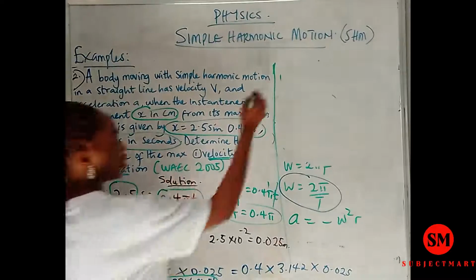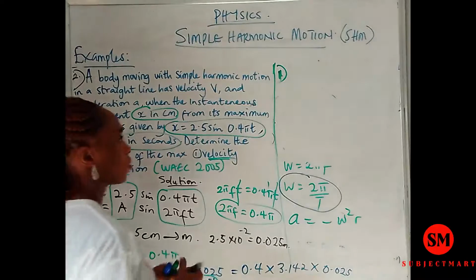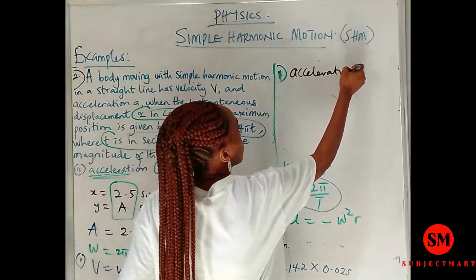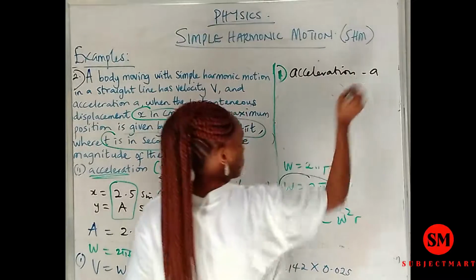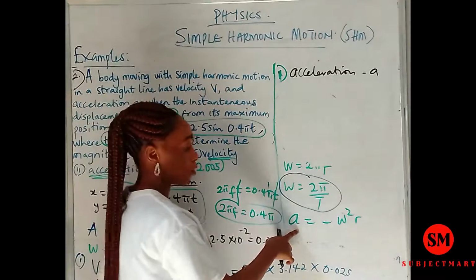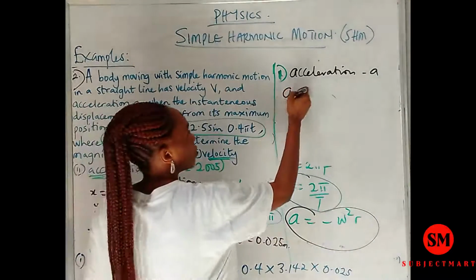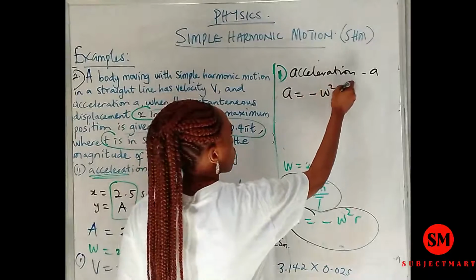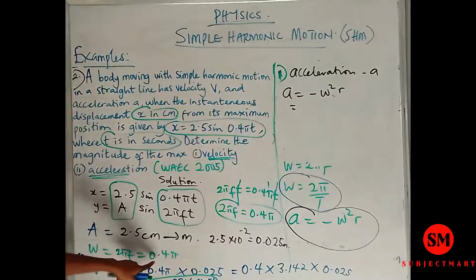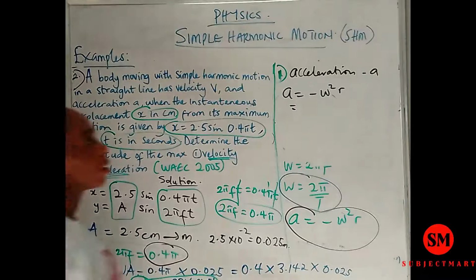Let's find the acceleration. Don't forget acceleration from the formula I gave previously. We said a is equal to minus w squared r. So a equals minus w squared r, where w from here is 0.4 pi.